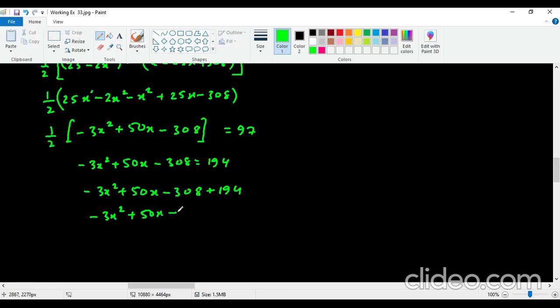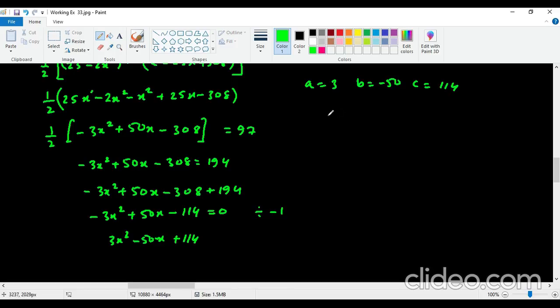This gives us minus 114 equals 0. Now we can divide this by minus 1 to give us 3x square minus 50x and plus 114. So the value of A is 3, value of B is negative 50, and C is 114.